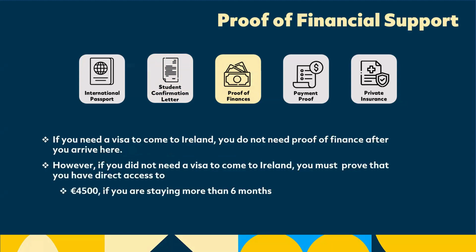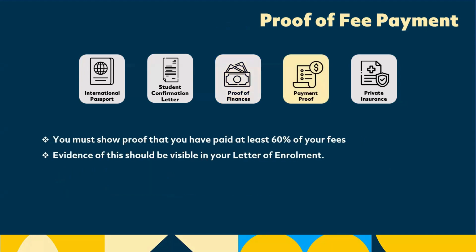If you need a visa to come to Ireland, you do not need to provide proof of finances after you arrive here. However, if you did not need a visa to come to Ireland, you must prove that you have direct access to, I think it's about 4,500, if you are staying more than 6 months. Okay.